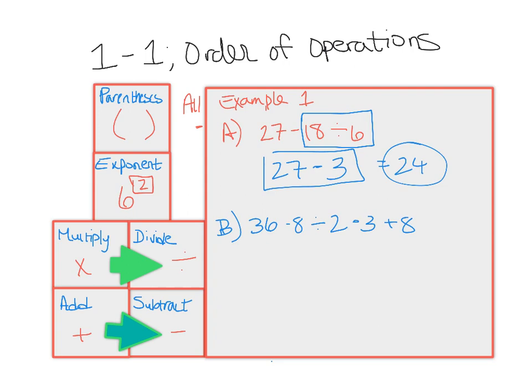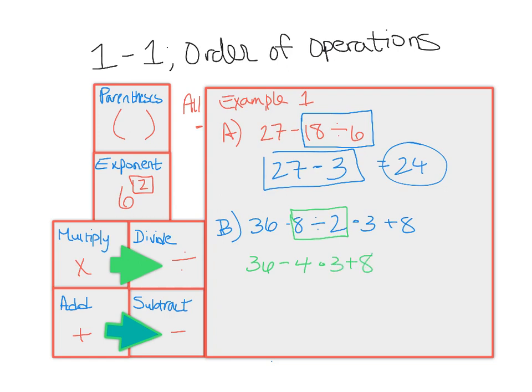However, I do have multiplication and division, but remember we do them left to right as we come to them. So I come to division first, so I'm going to divide first. So I put a box around those two terms that I'm going to divide. I want to see your boxes. So we have 36 minus 8 divided by 2 is 4 times 3 plus 8.